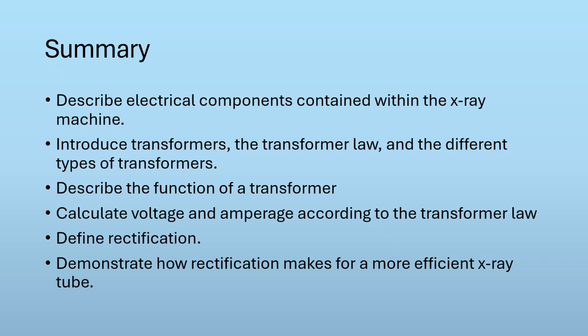Transformer law is among the equations you might be asked about on the registry exam. And then we talked about rectification, and we traced electron flow through a 4-diode rectifier. We also traced Franklin current through the 4-diode rectifier, and you can see how it outputs a pulsed DC from a single phase AC wave. That 4-diode rectifier allows us to utilize both the crest and the trough to push electrons from the cathode to the anode to make the X-rays.